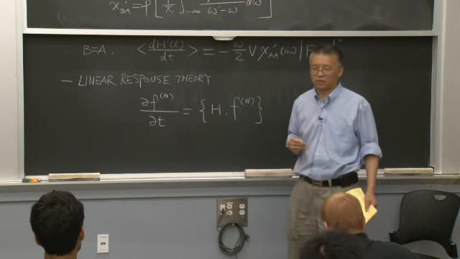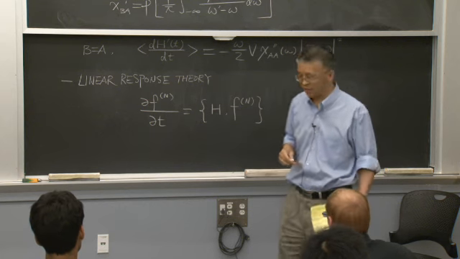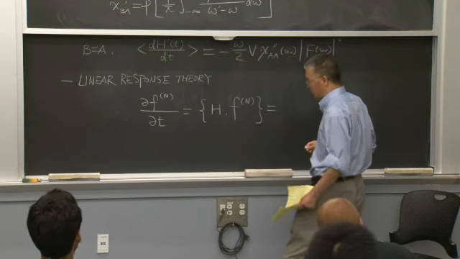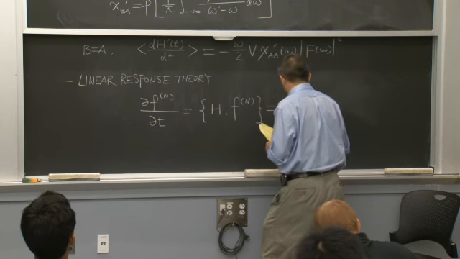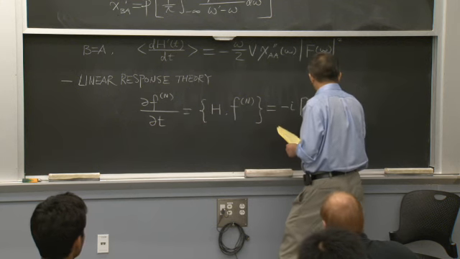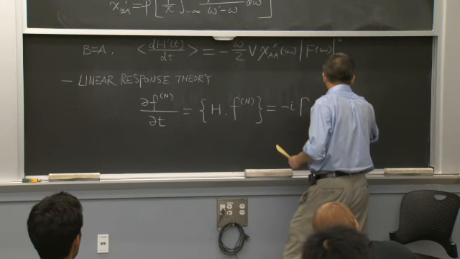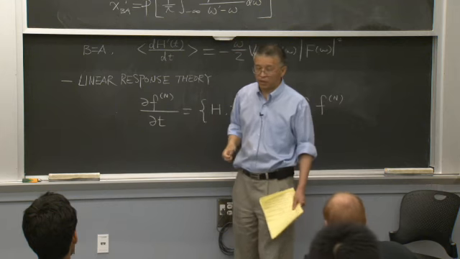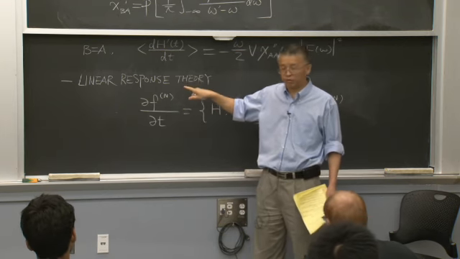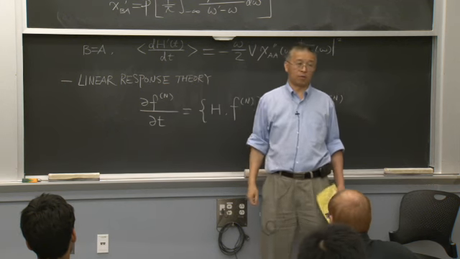This bracket is called the Poisson bracket. I'll explain what it means. And then there's also another notation, using the i gamma operator and the Fn. Okay, here the point is I'm writing a Liouville equation with n. This is the original Liouville equation with the n particle distribution function.